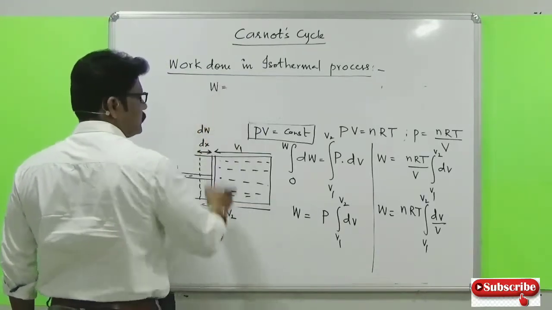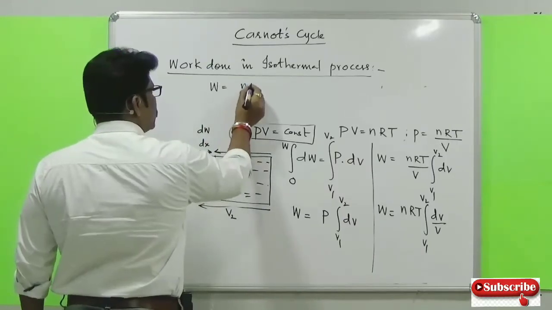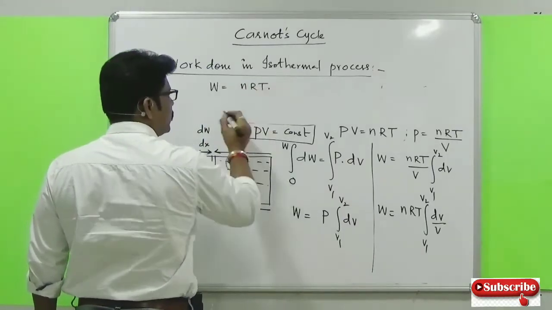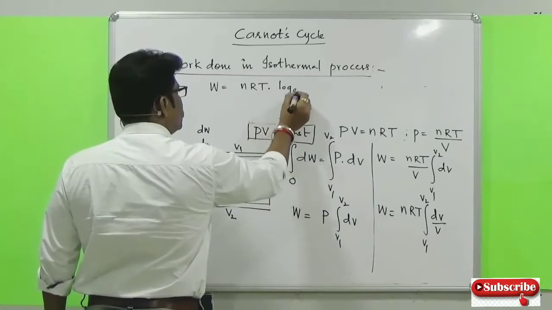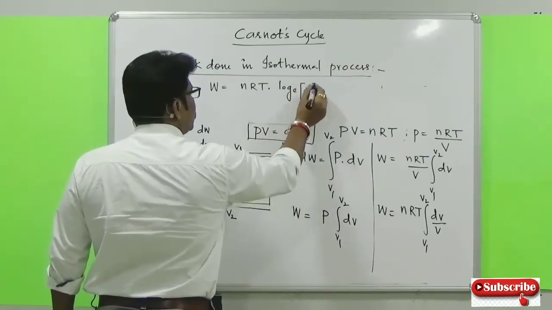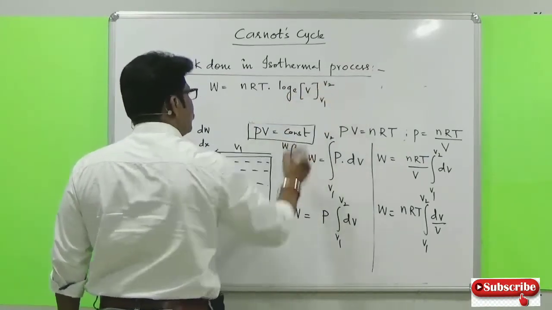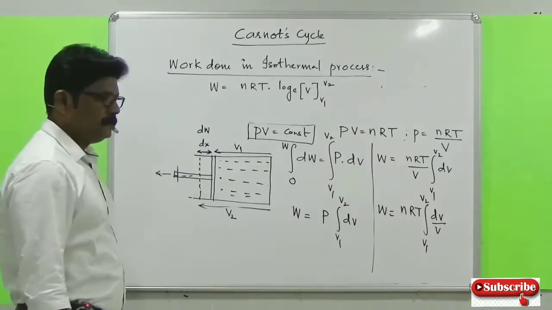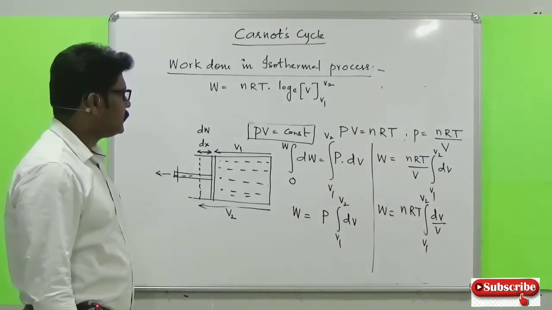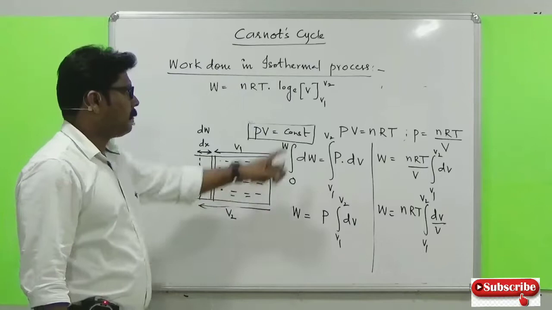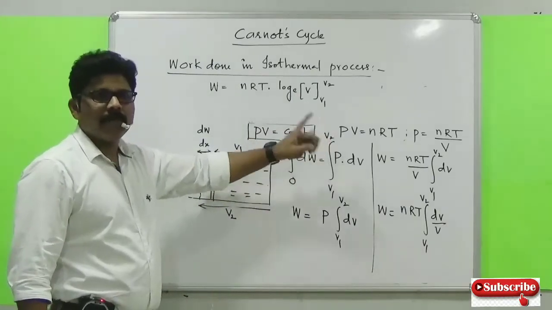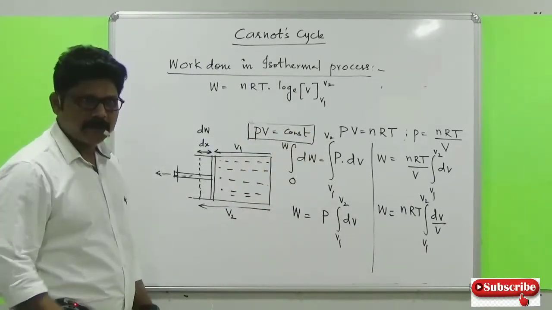W equals to nRT, ये तो constant है, into log of base e V applying limits V1 to V2. उसके बाद क्या करना? Applying limits, upper limit minus lower limit को करना.